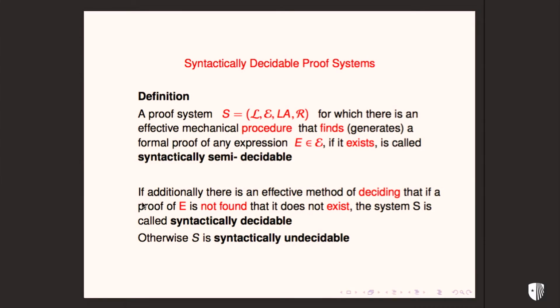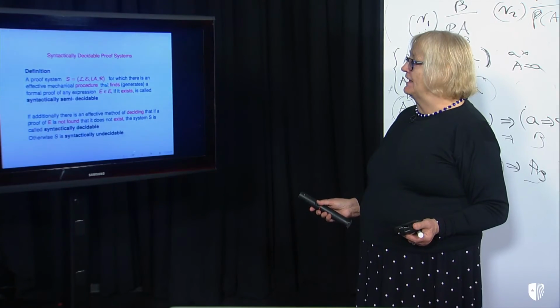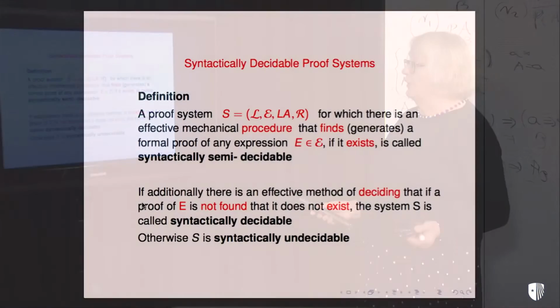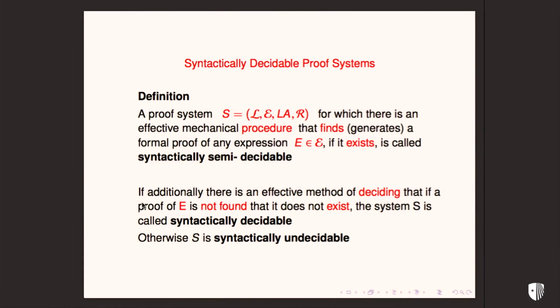So we say the proof system for which there is an effective mechanical procedure that finds, it means generates, a formal proof of an expression, if it exists, is called syntactically semi-decidable. If it exists, it's called semi-decidable. If it exists or does not exist, it's called decidable. Decidable is stronger than syntactically decidable.